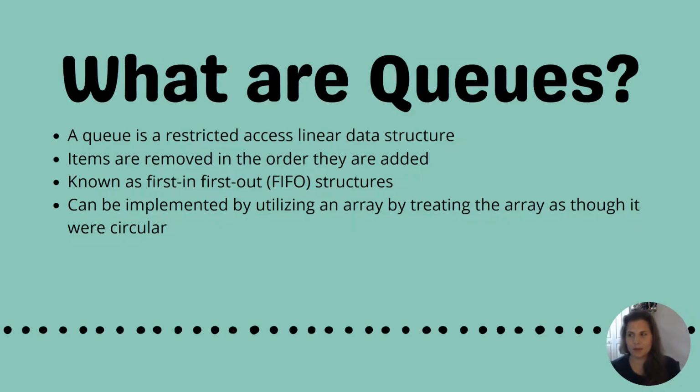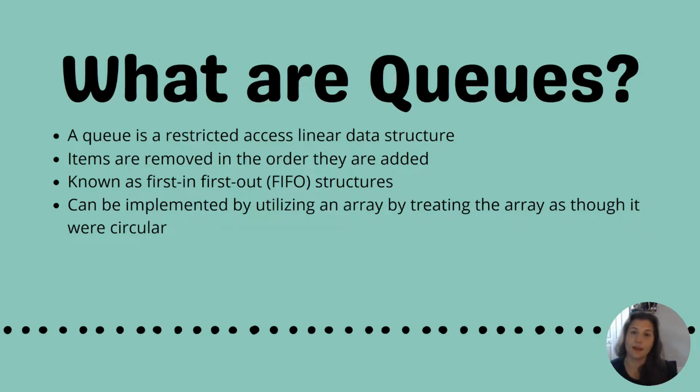So queues can be implemented by utilizing an array. As items are removed from the queue, spaces open up in the front of the array, which should not be wasted. So items are added at the end of the queue, which is at the beginning of the array. And this treats the array as though it was circular.